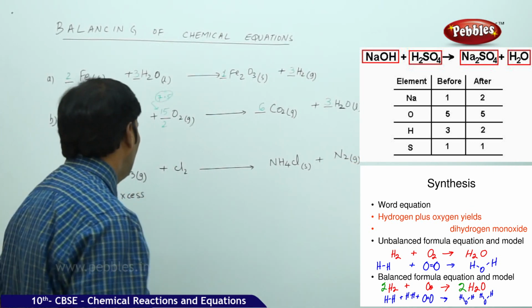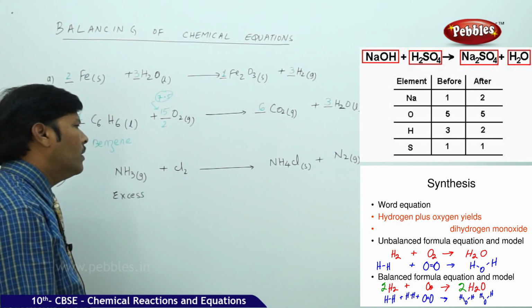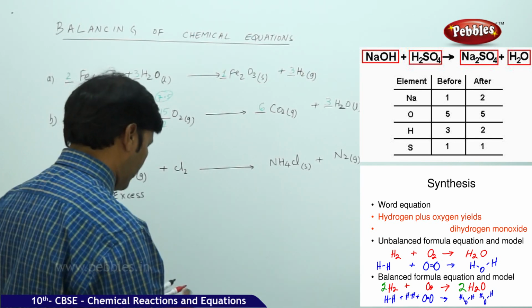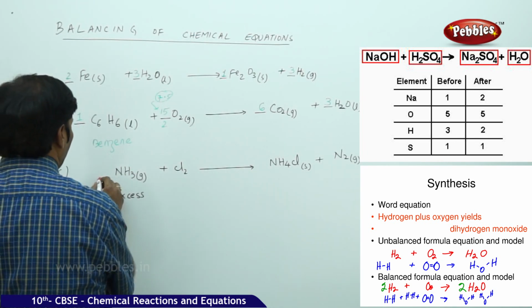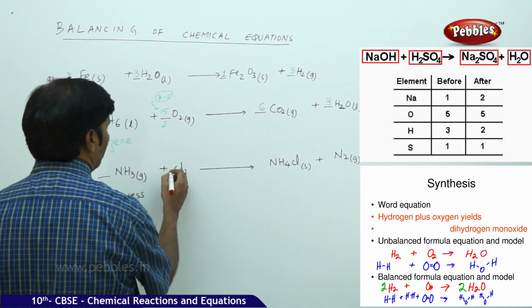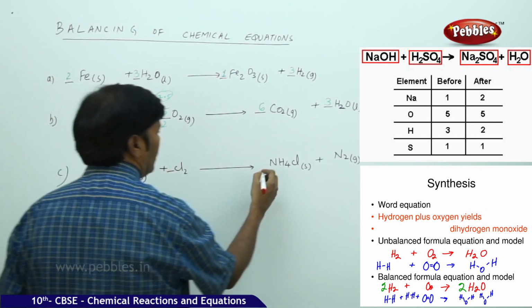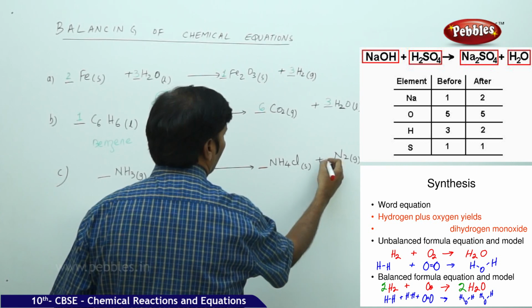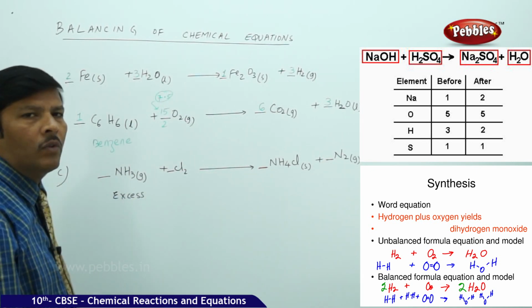How do you balance the equation? To express the molar coefficient, mark 1 molar coefficient here, 1 here, and here you mark a molar coefficient, and here also a molar coefficient.